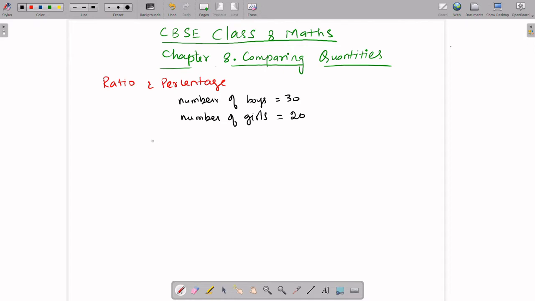First comes boys and then girls. So the ratio will be: first you write the quantity of boys and then the quantity of girls. Here the zeros get cancelled, so 3:2. This is the way we have to write the ratio.